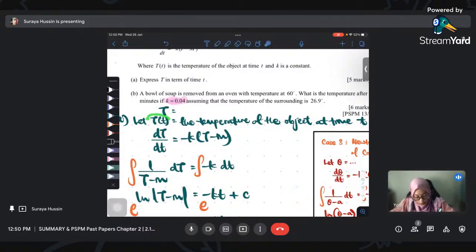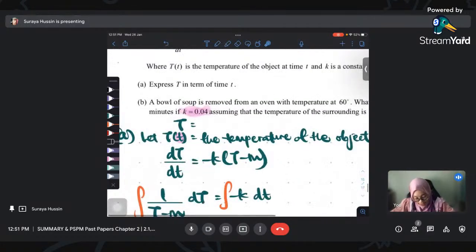Sebenarnya cara penulisan yang terbaik adalah T besar bersama t kecil di dalamnya merujukkan kepada this small t is referring at a time t. That's all. Okay. But some question nampak tak dia tulis, express T in terms of t.